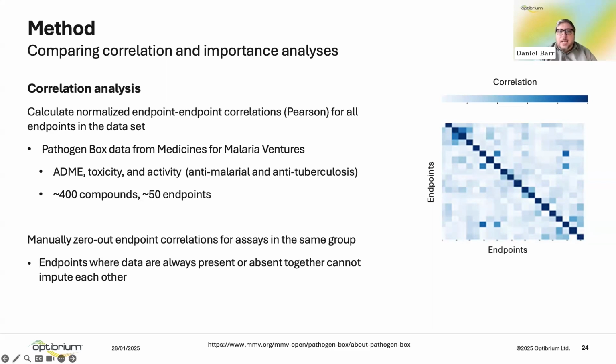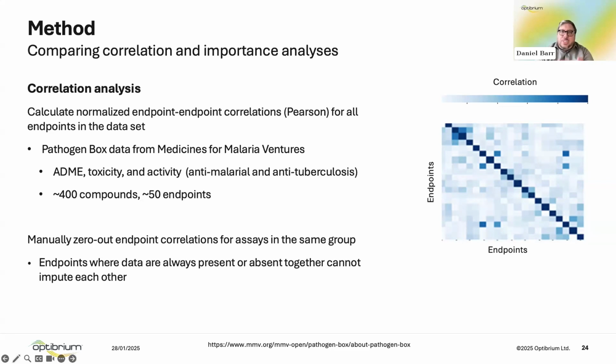So just a few notes. Technically, it's straightforward to calculate the Pearson correlation coefficient for all endpoints in the data set. In order to ensure comparability between the correlation output and the importance matrix that we get from our deep learning, we need to account for endpoints that we call grouped.